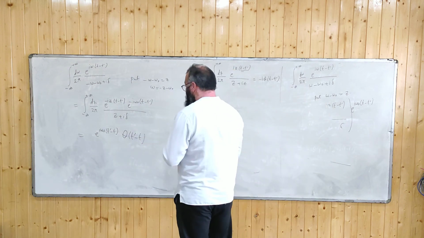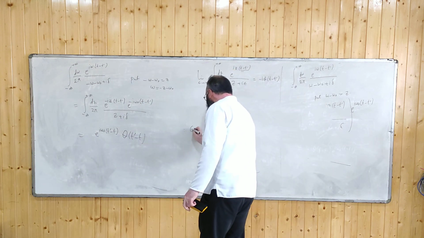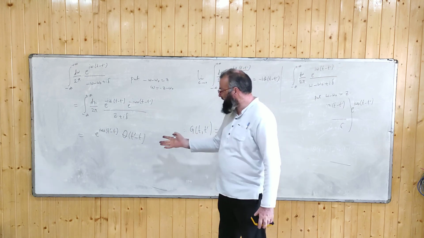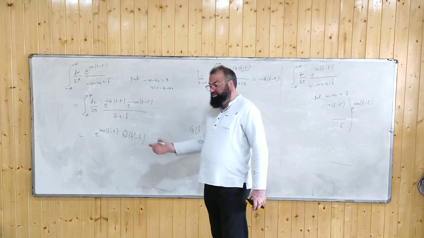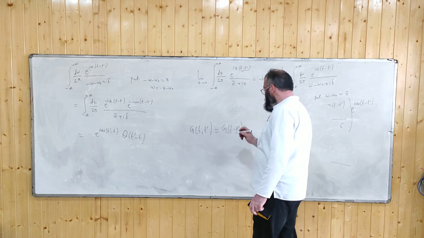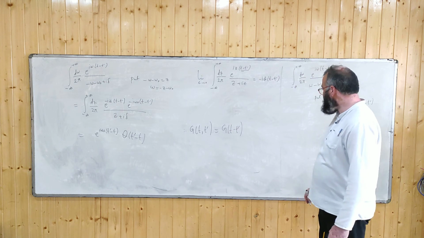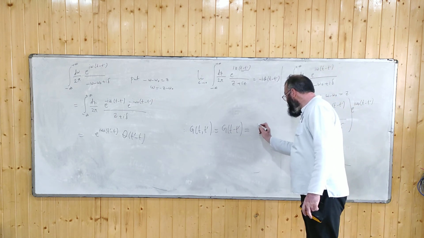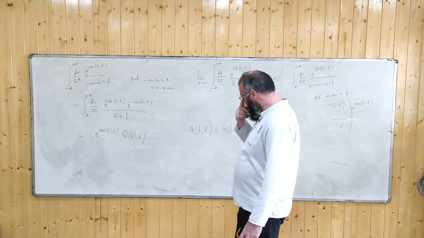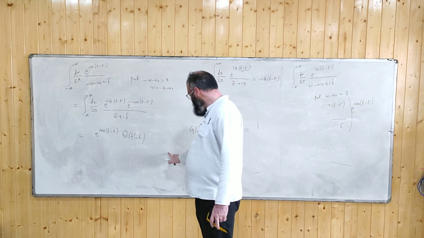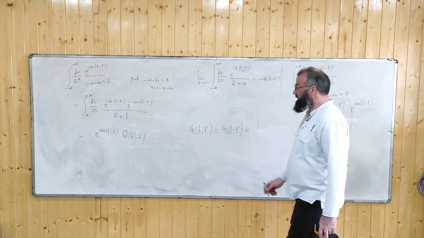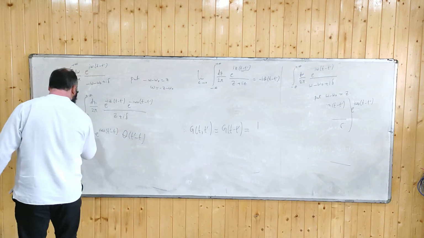So let's write, therefore, the Green's function. G of t prime, that will be the same because it depends only on the difference, since it is a time translation invariant system. So what was here? 1 by 2 pi was there, and a minus i here.